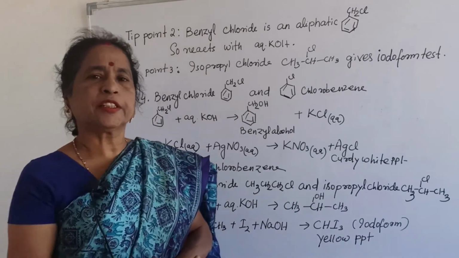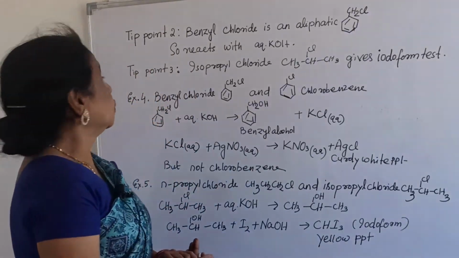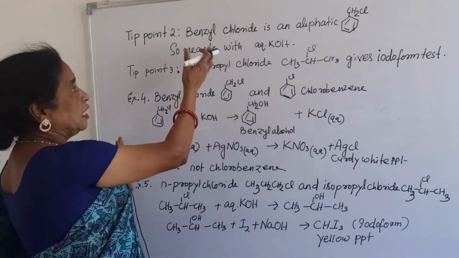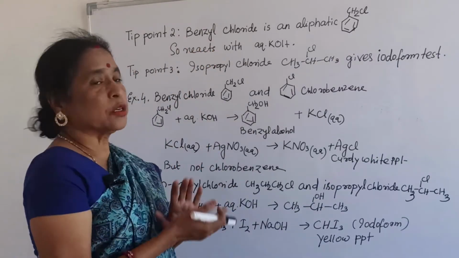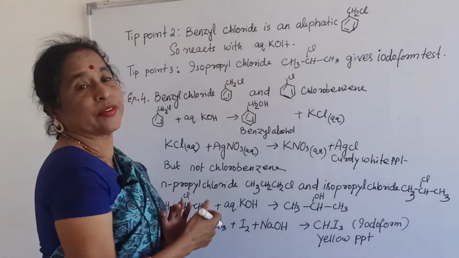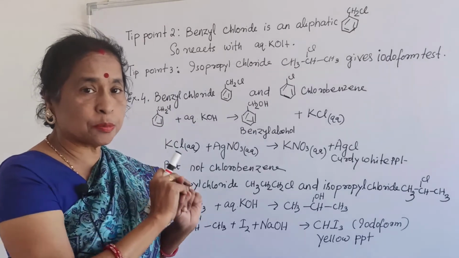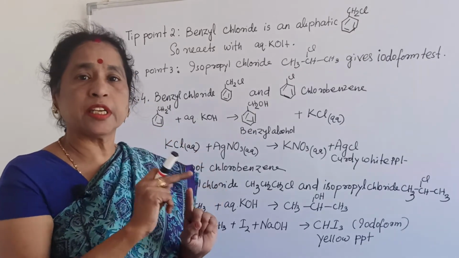Now we will see test 2. It is benzyl chloride. Benzyl chloride is an aliphatic halide: CH2Cl attached to benzene is called benzyl chloride.